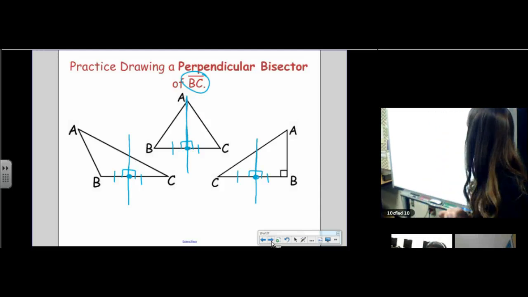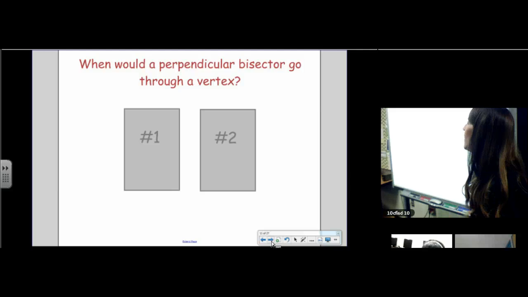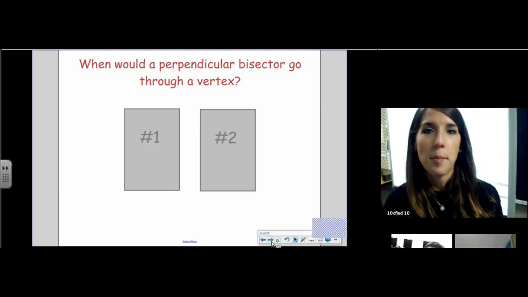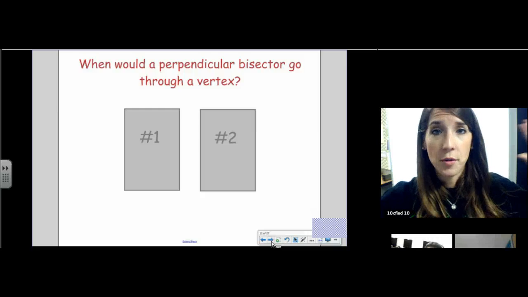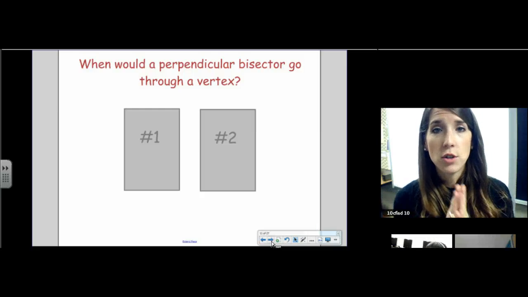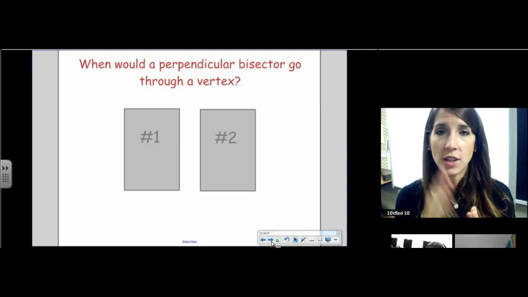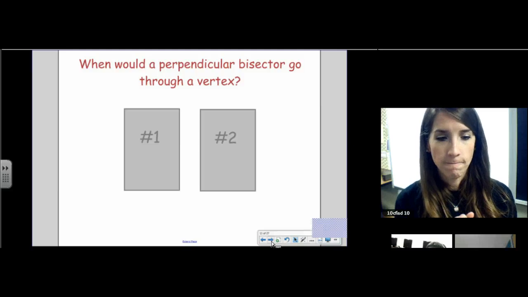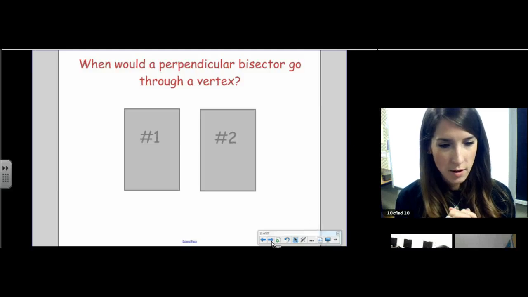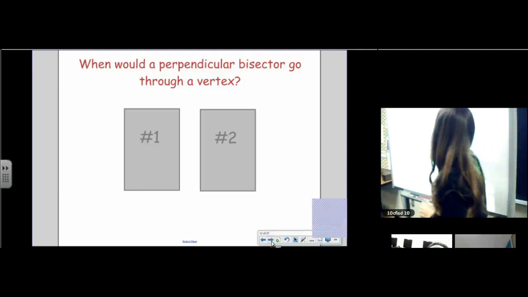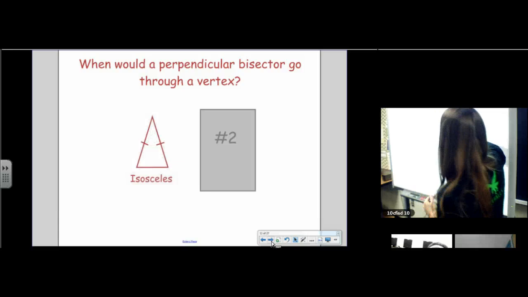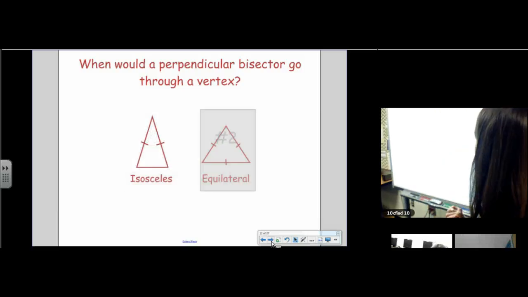So there are two cases when a perpendicular bisector would go through a vertex. The rest of the time, it would not go through a vertex. So what two triangles would a perpendicular bisector hit the vertex for? Which ones are special enough? Isosceles is special enough, and equilateral is special enough.